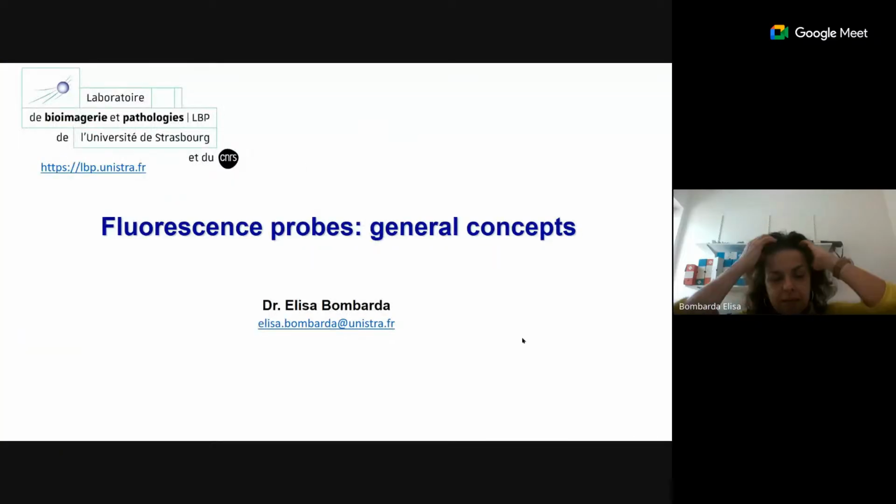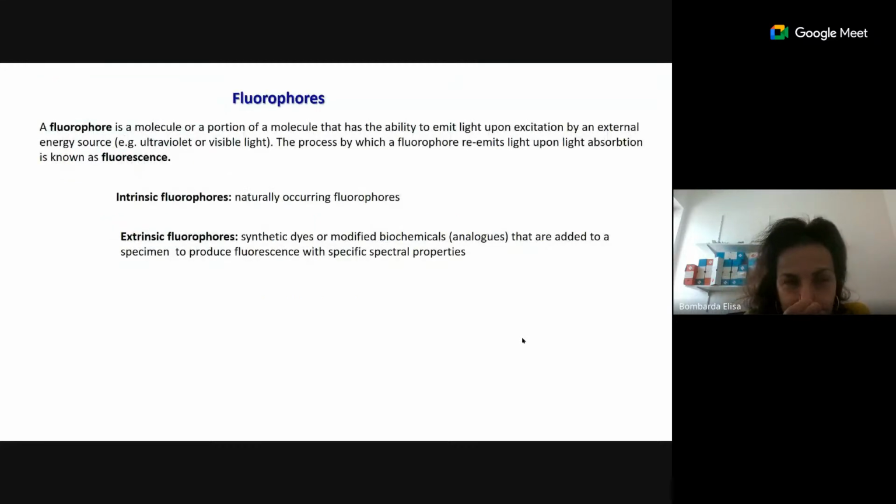Okay, following the plan of the schedule, we go to give some general concepts about fluorescent probes. We talked already about some of them. Now let's make a sort of X-ray on the important fundamental characteristics of fluorescence probes.